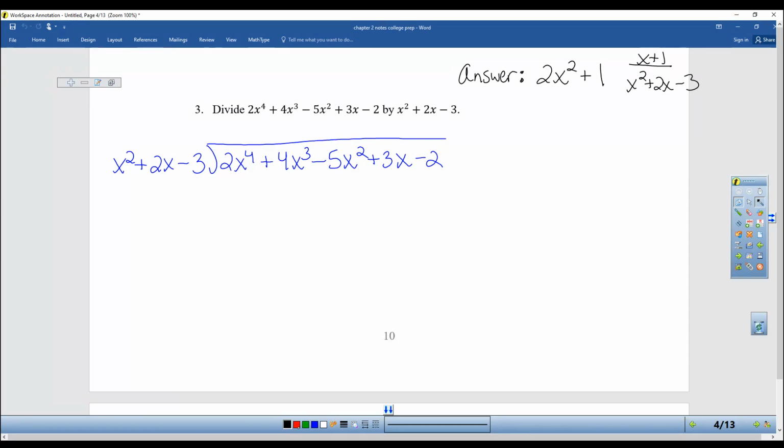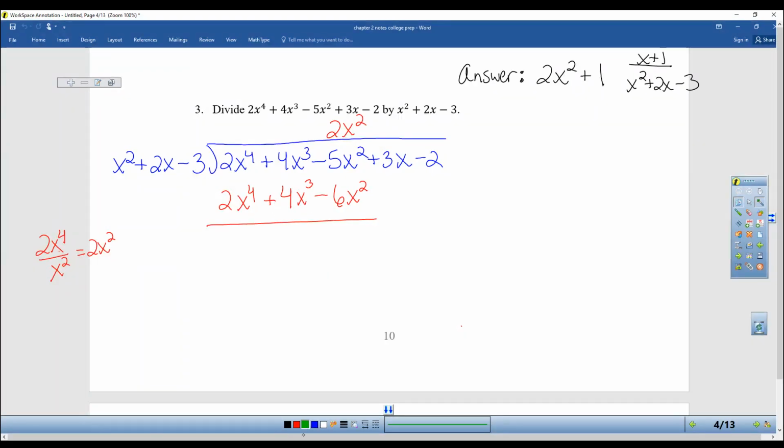All right, let's do it. So the first thing I'm trying to divide is 2x to the 4th divided by x squared, which is 2x squared. I put that in the x squared column. Then I multiply. 2x squared times negative 3 is negative 6x squared. 2x squared times 2x is 4x cubed. 2x squared times x squared is 2x to the 4th.